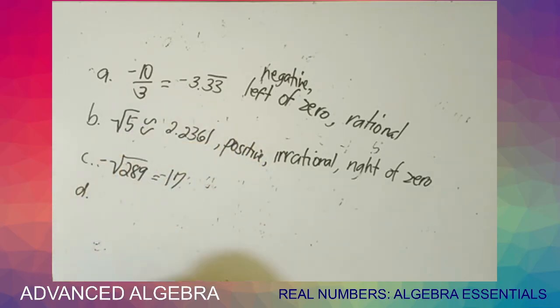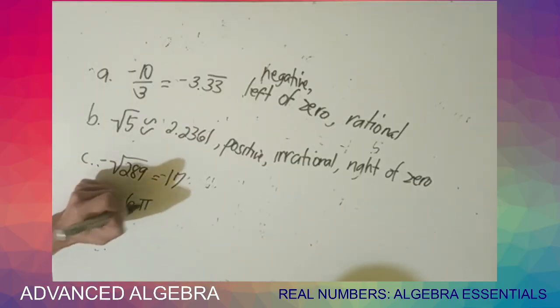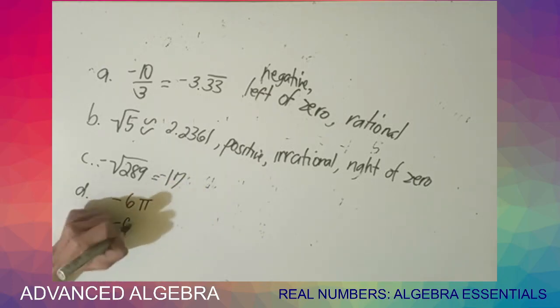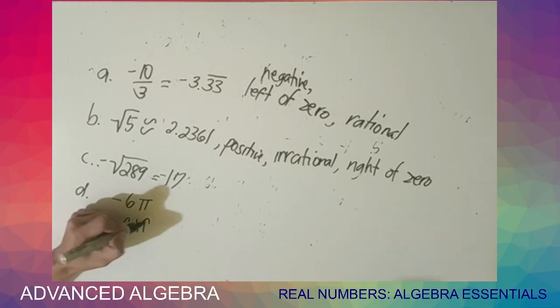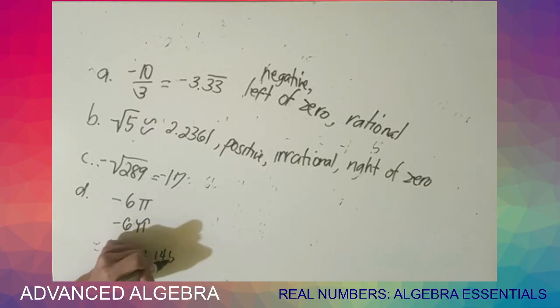Letter D is negative 6 pi. Pwede natin siyang isulat as ganito, or pwede natin ganito, 6 pi. So, the equivalent of pi in number is 3.145.